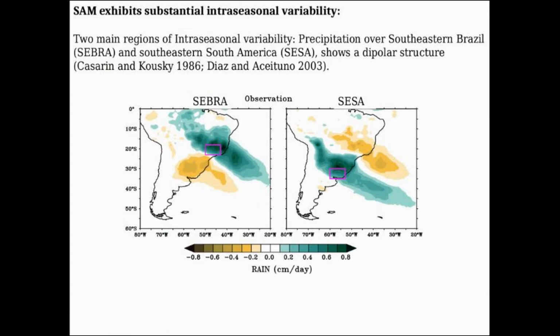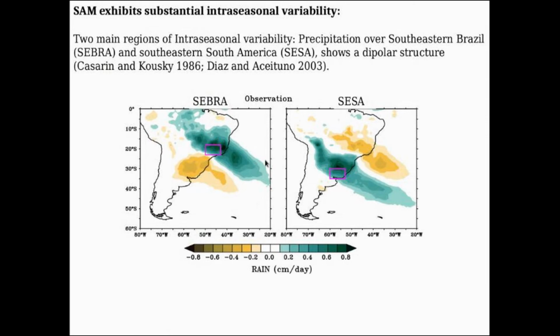On the intraseasonal time scale, there are two zones that mainly get strong precipitation. Over southeast Brazil, this region I will call SABRA, and the one in southeastern South America, I will call SESA. These form a dipole-like pattern.